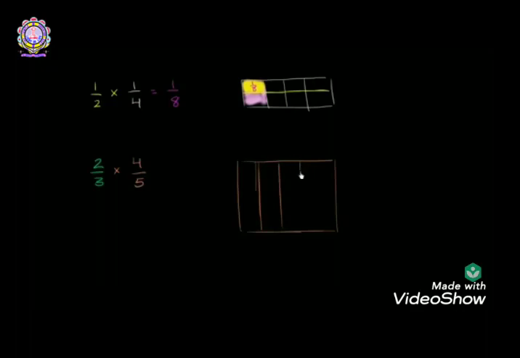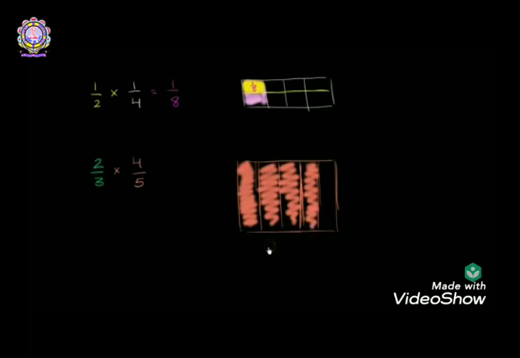I think you get the point here. And we want 4/5, so we want 4 of these 5 equal sections. So this would be 1 of the 5 equal sections, 2 of them, 3 of them, and then 4 of them. So that right over there is 4/5.